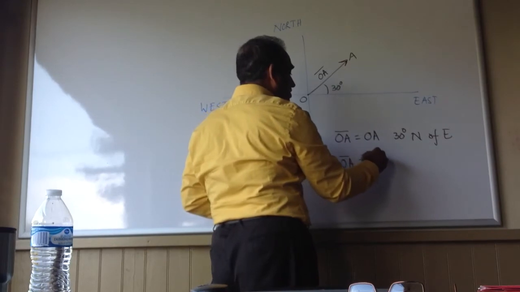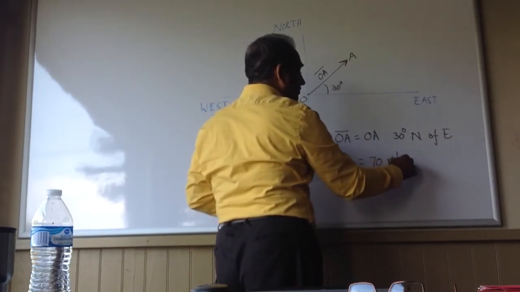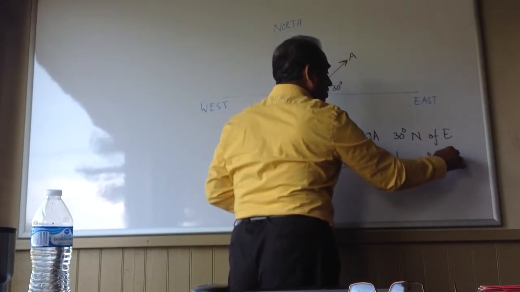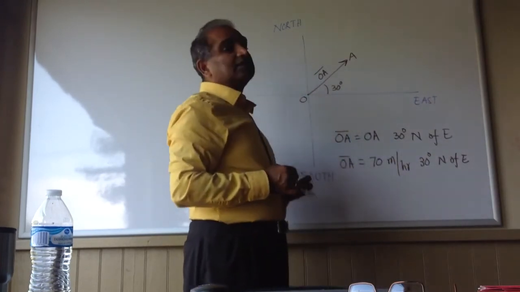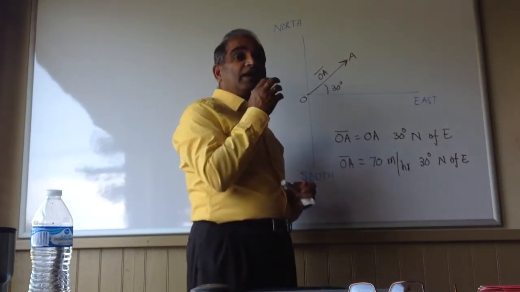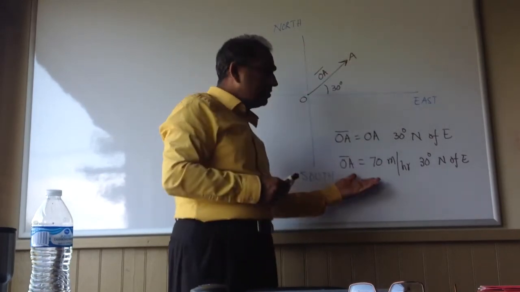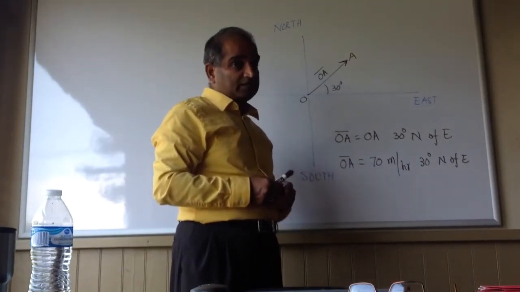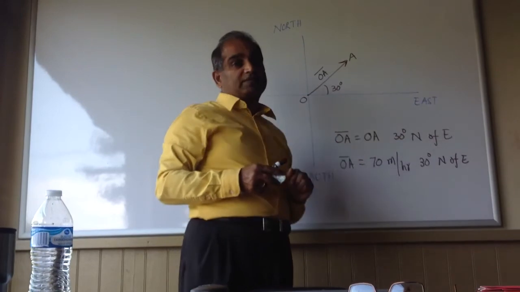OA bar is equal to 70 miles per hour, 30 degrees north of east. This is how we represent a vector graphically and algebraically. There are many more methods to represent a vector, but this will lead to those methods.